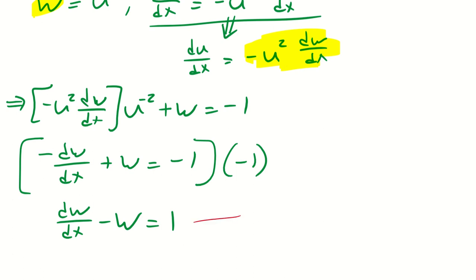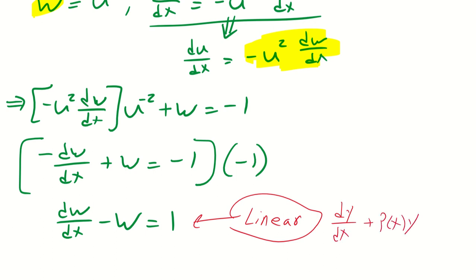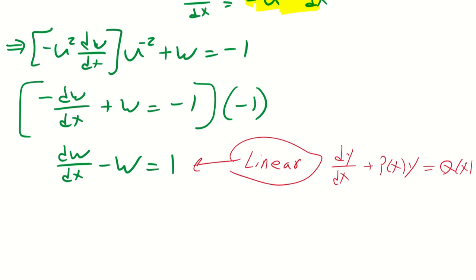And clearly that is a linear differential equation. Dy dx plus p of x times y is equal to q of x. So let's solve that. All right, so I've got to think about the integrating factor, mu. So that's e raised to the, well, it'll just be a negative dx. So we have e to the minus x.